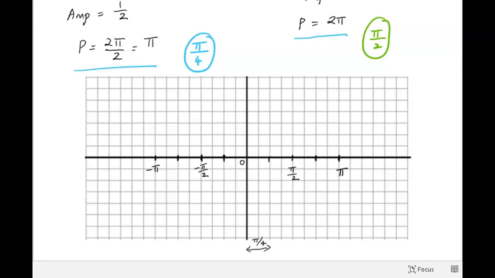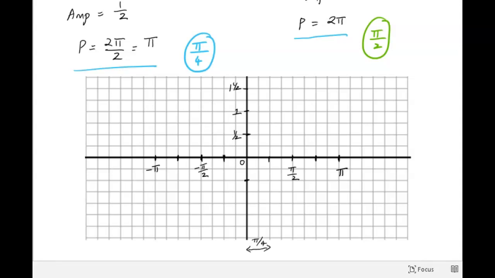The amplitude for the first one is a half, and the amplitude for the second one is 1, so we need to take both of those into account. I'm going to go in terms of a half on the y-axis: half, 1, 1.5.